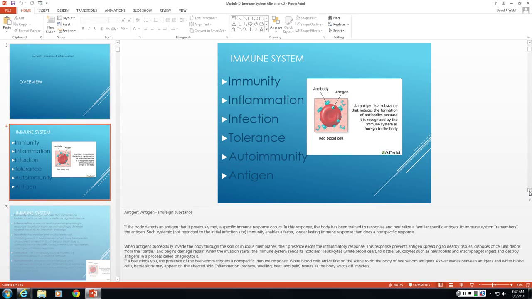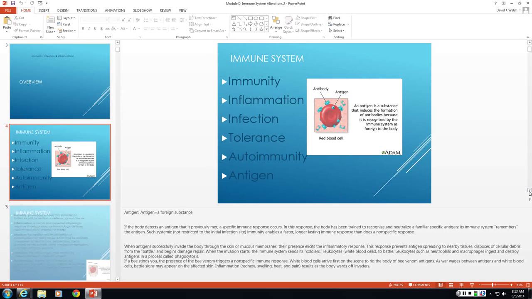Now, when antigens successfully invade the body through the skin or mucous membranes, their presence elicits an inflammatory response. Now, this response prevents the antigen from spreading to nearby tissues. It disposes of cellular debris from the battle and begins to repair the damage.